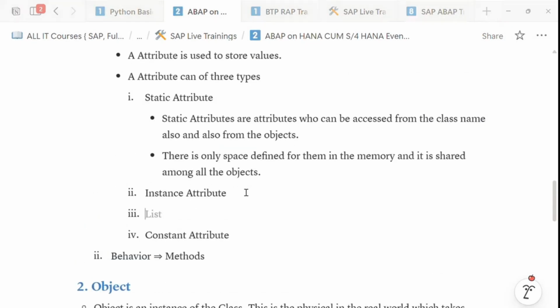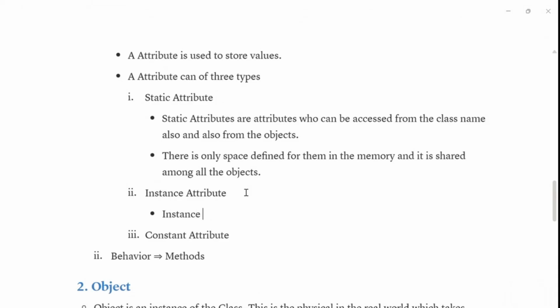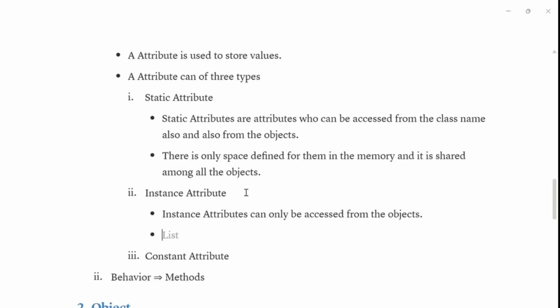Meanwhile, instance attribute can only be accessed from the objects. Every object, so for each and every object, a separate memory will be allocated. And why is it?